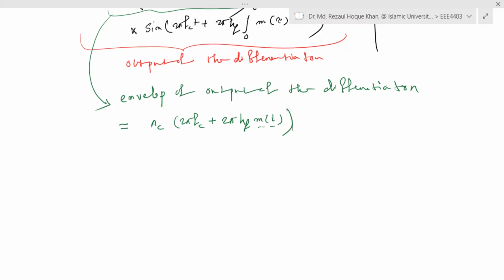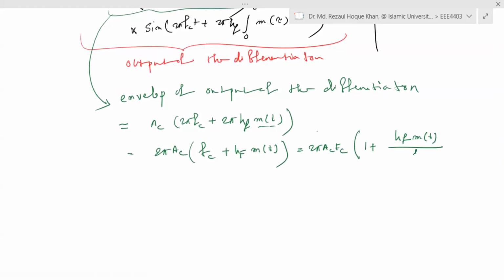So the envelope is a function of the message signal m(t), and we can write it as 2π Ac (fc + kf m(t)), which can also be written as 2π Ac fc (1 + kf m(t)/fc).